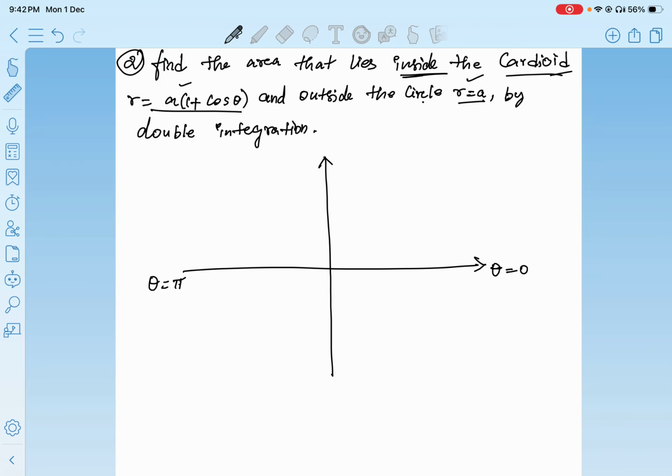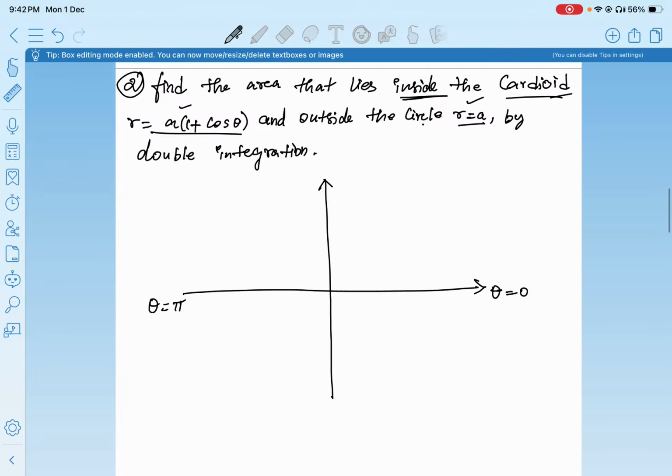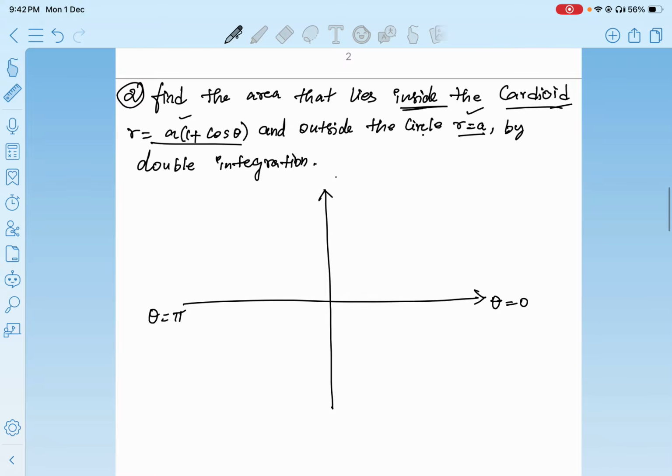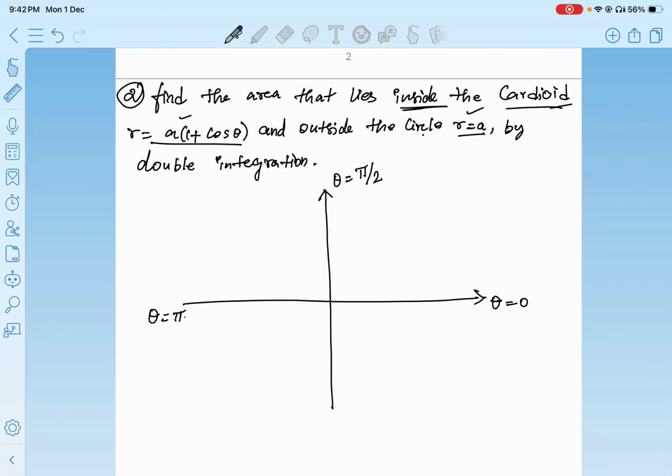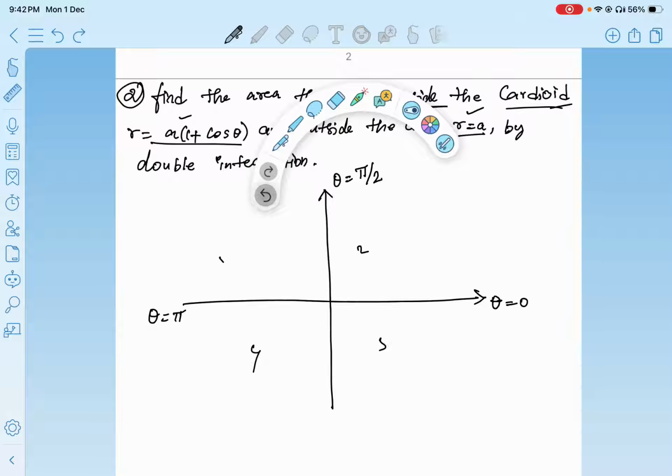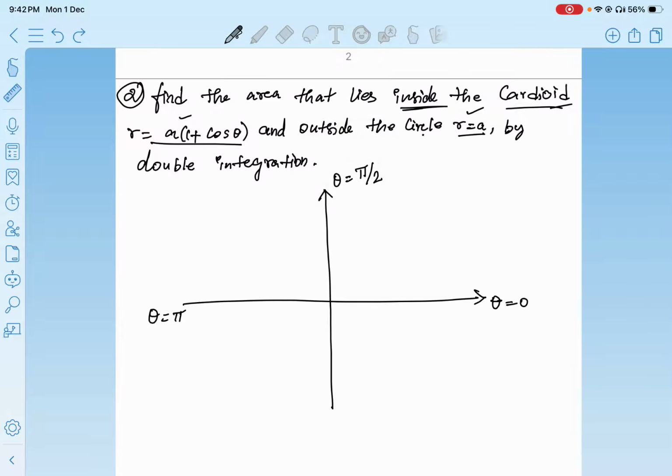This line is from pi to 0. So what is the half of this axis? It will be theta equal to pi by 2. There are four quadrants, first, second, third and fourth, and half of this is pi by 2.